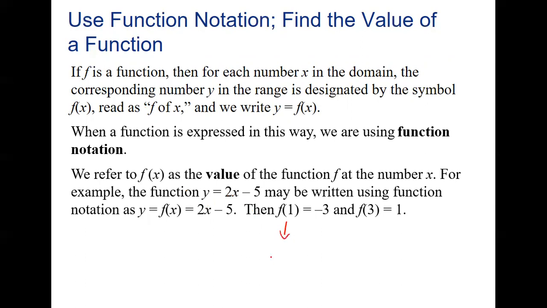So this came from substituting in 1 for x. That's what function notation means, right? Okay, and this came from substituting in 3 for x. And that's what my output is. So function notation is just a notation saying I substituted in a value for x, and this was the output.